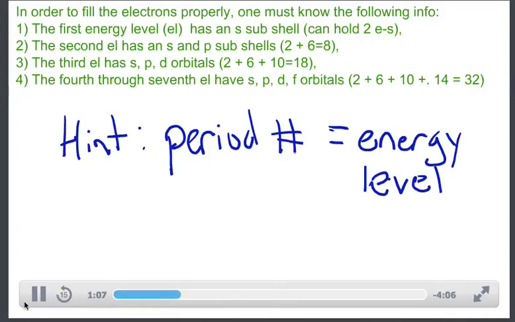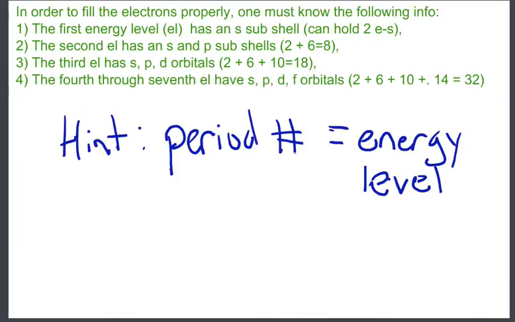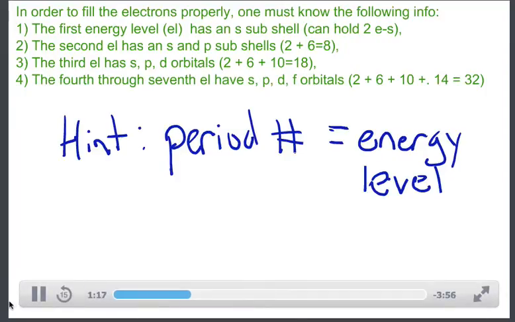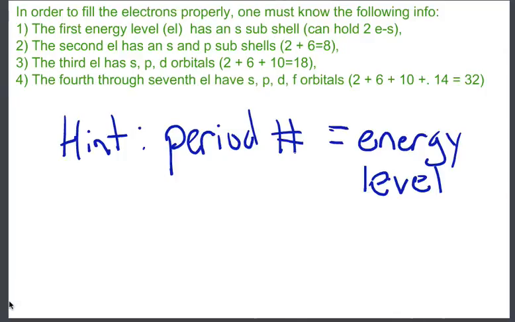The third energy level has an s, a p, and a d subshell, so it can hold 18 electrons. Remember, the d subshell can hold 10 electrons. And the fourth through the seventh energy levels, we'll talk about that later, have s, p, d, and f subshells, and they can hold a maximum of 32 electrons.